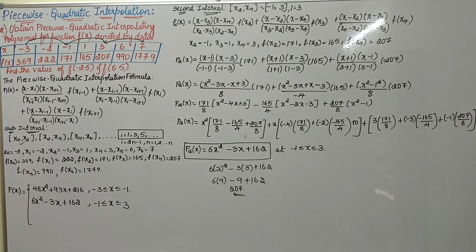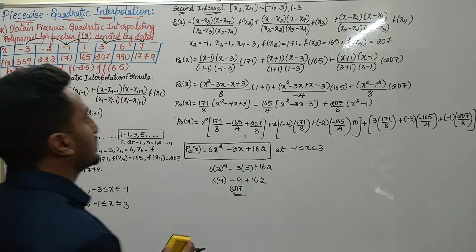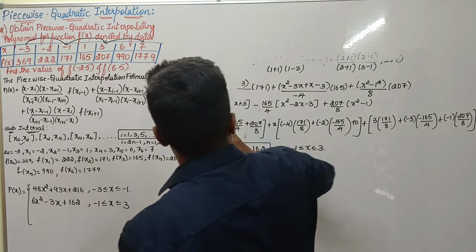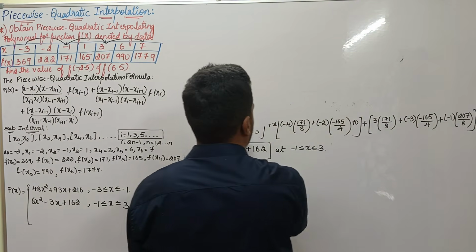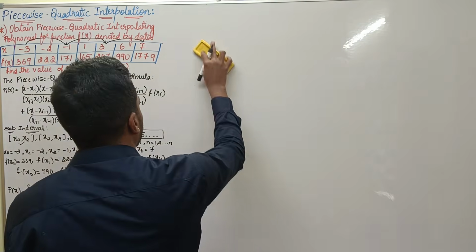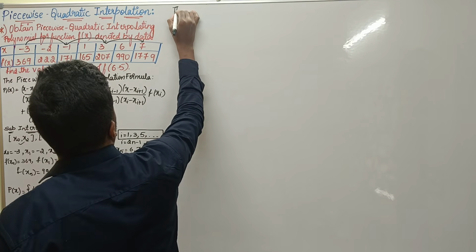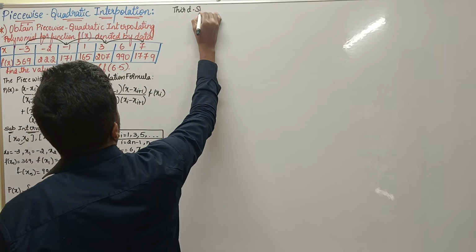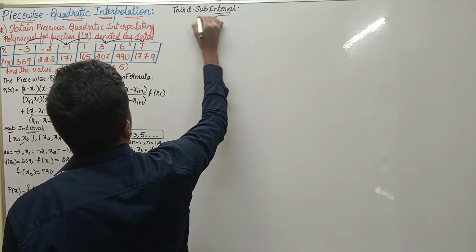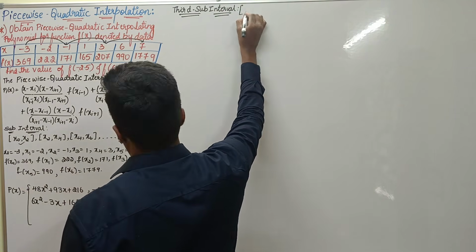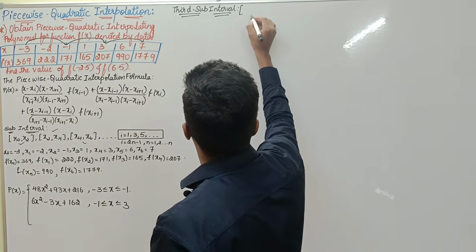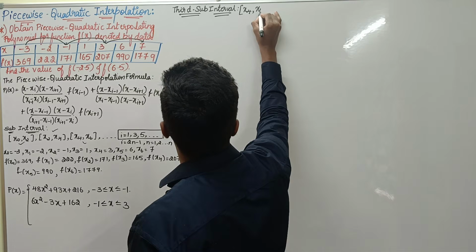The last piecewise quadratic equation, let us represent the last, third subinterval. See, I have completed x0 comma x2, x2 comma x4, and now the last, x4 comma x6.